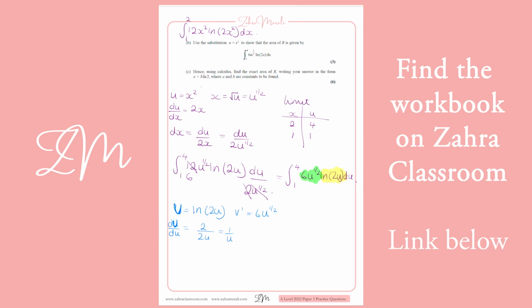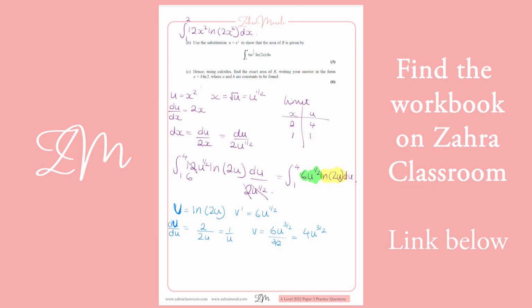In this case, because it's 2u, it just becomes 1 over u. And when we integrate, we add 1 to the power. So we're adding 1 to the power. So we've got 6u to the 3 over 2 divided by 3 over 2. And that's going to give us 6 times 2 divided by 3. So it's going to give you 4. 4u to the 3 over 2.